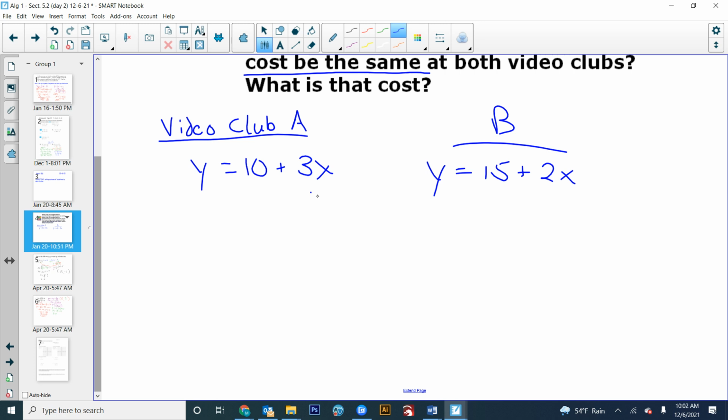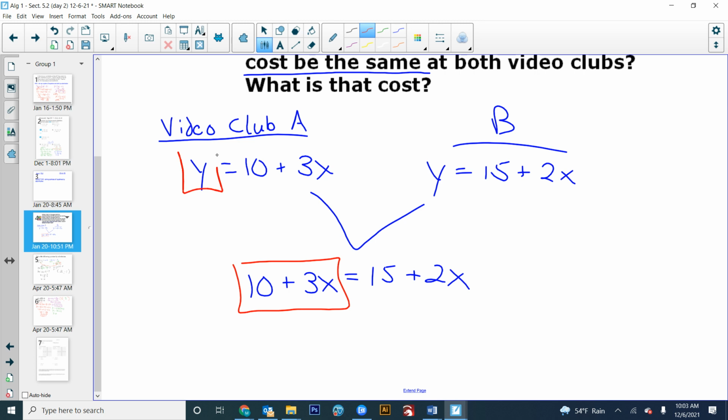So we're going to set these equal. The nice thing is they're both solved for Y. If they're both equal to y, they're both equal to each other, aren't they? 10 plus 3x equals 15 plus 2x. Didn't I take this 10 plus 3x since it's equal to y, and I just plugged it in for that y? Yes?